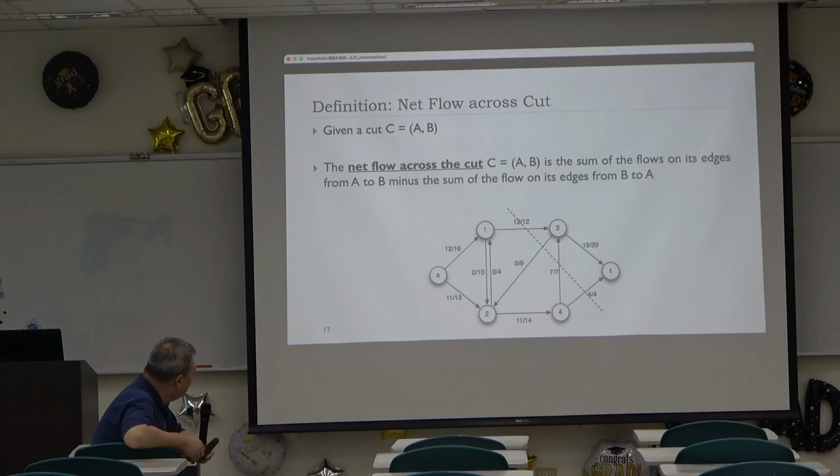And then from 4, you will find that all the outgoing edges' capacity is gone. If you go from S to 2 directly, you face the same problem. So basically, you are not able to find an additional augmentation path here.